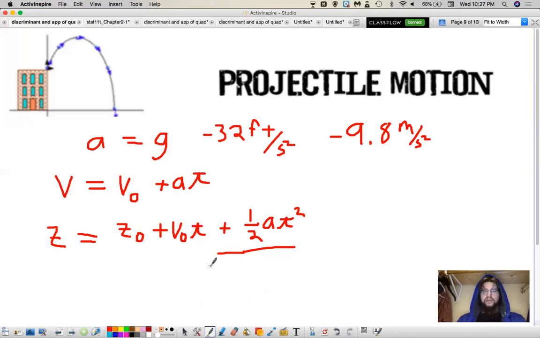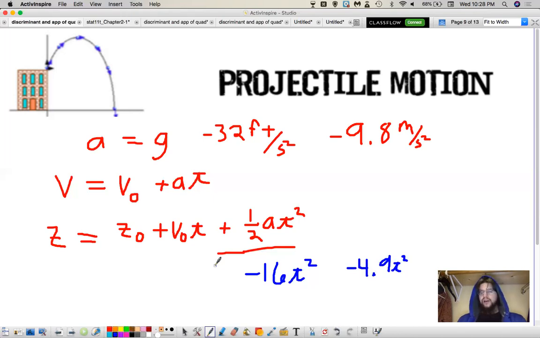If we're in American units, half of 32 is 16, so that's going to be negative 16 t squared. If we're dealing with metric units, half of 9.8 is 4.9, so that'd be negative 4.9 t squared. So you're going to see that in all of these problems. It's either going to be negative 16 t squared if we're dealing with feet, or negative 4.9 t squared if we're dealing with meters. And that is why you're going to see that every single time.